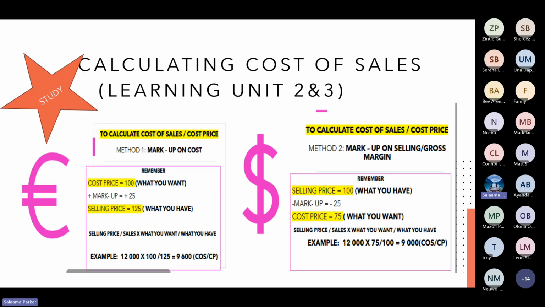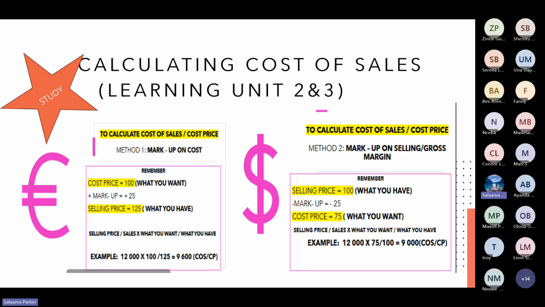So again, when we're calculating cost of sales, always remember there are two methods in which you will be able to calculate your cost of sales: using the markup on cost method or the markup on selling, also known as the gross margin method. When we're using markup on cost, always remember the rule: cost price equals 100.